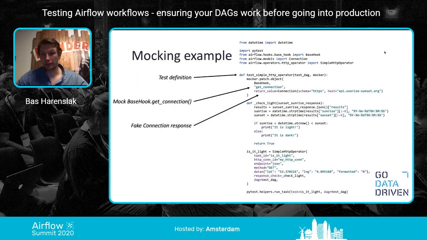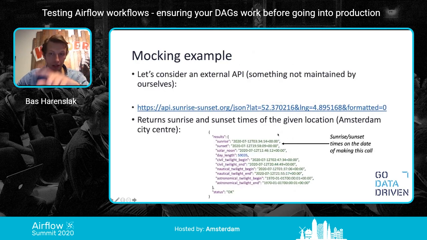So let's say we write a DAG for it, and in this DAG we call the simple HTTP operator to check, at the time of calling, if it's light or dark, given the response of this sunrise sunset API.